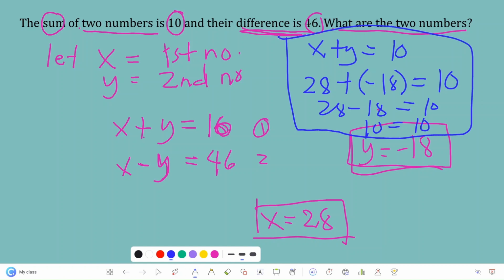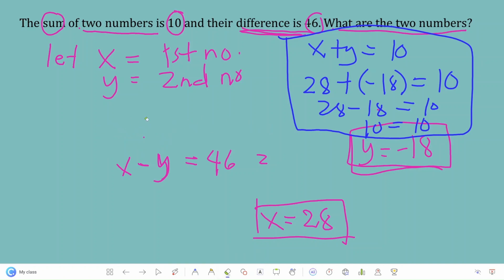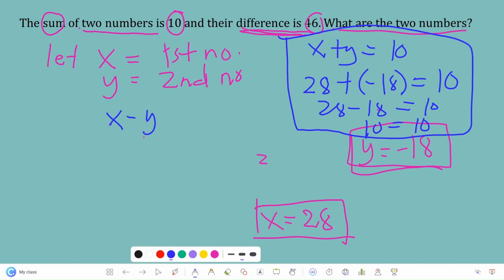Okay. Punta naman tayo sa second equation, x minus y. So, the second equation is x minus y is equal to 46. Substitute natin yan ang values ng x and y.